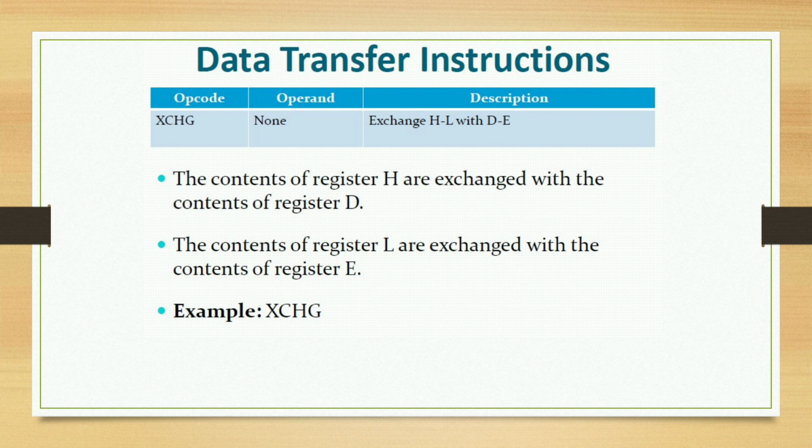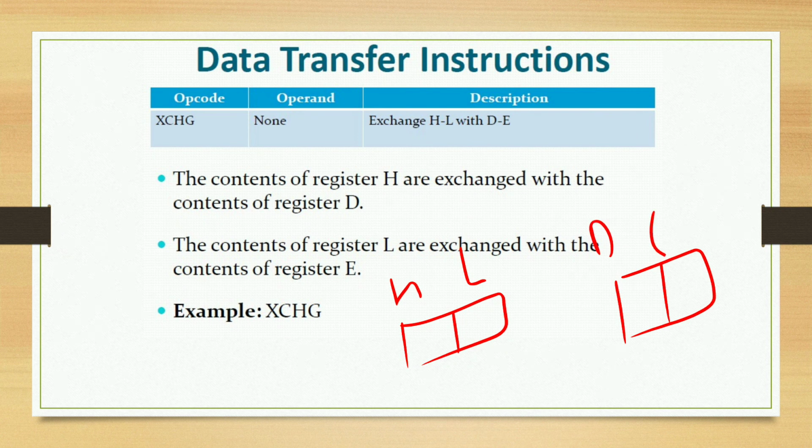XCHG exchanges the content of the HL pair with the DE pair. Consider the HL pair and DE pair. The content of H, suppose, is 10 and L is 15. The content of D is 20 and E is 30.